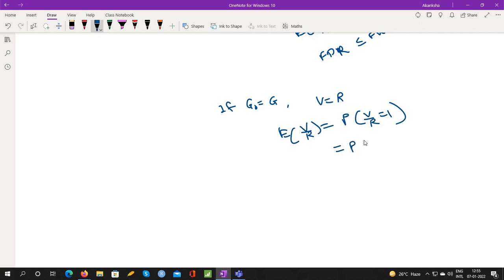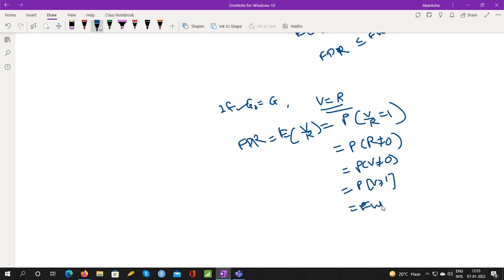This is nothing but the same as the probability of R not equal to 0, which is the same as the probability of V not equal to 0, because V and R are exactly the same, which is the same as the probability of V greater than or equal to 1. So if G naught is equal to G, then your FDR is actually equal to FWER.